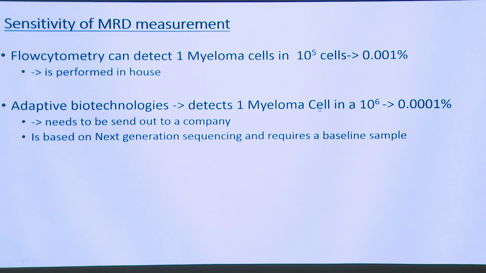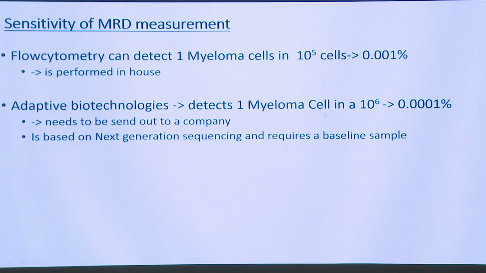It goes 1 log deeper, so it detects 1 in a million myeloma cells. So technically, patients who are negative here could still have some cells detected by this more sensitive method. And we'll see in a moment what that means. I mean, it's a really low level of infiltration, but I will show you why we actually do that or why we think that is important.